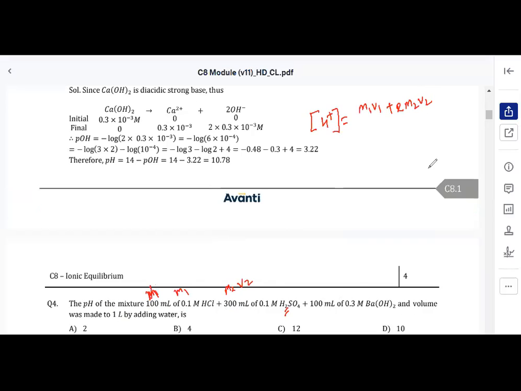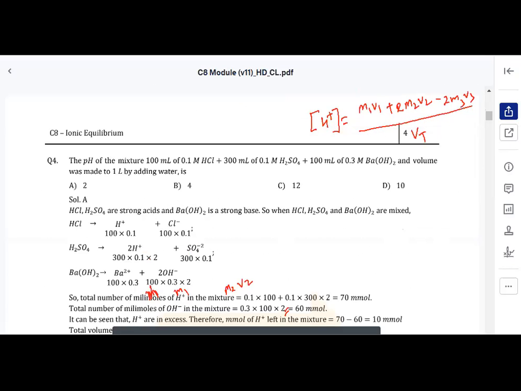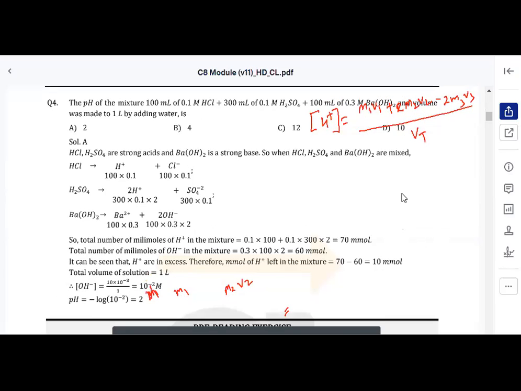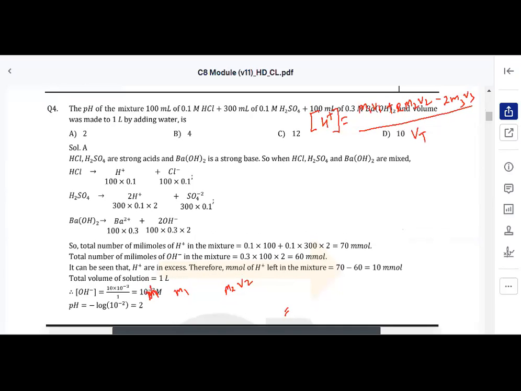This is minus 2 into M3V3 because it is OH minus, divided by V total. This is your total moles of H plus divided by volume, the concentration. Got it? Yes or no? You don't have to use any concept of equilibrium. You just have to use your normal mole concept. Got it, everyone? Tell me yes or no.